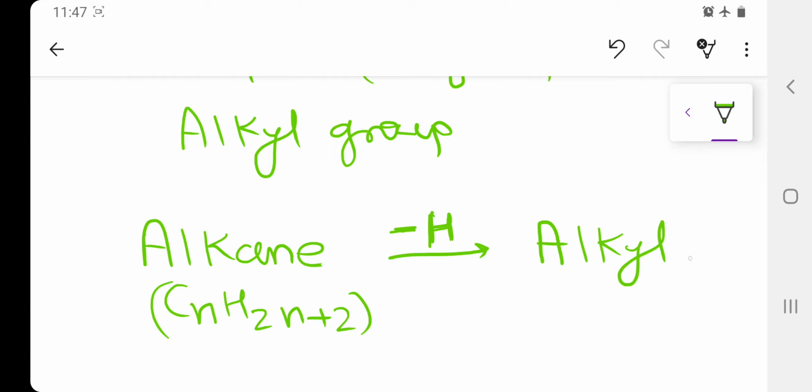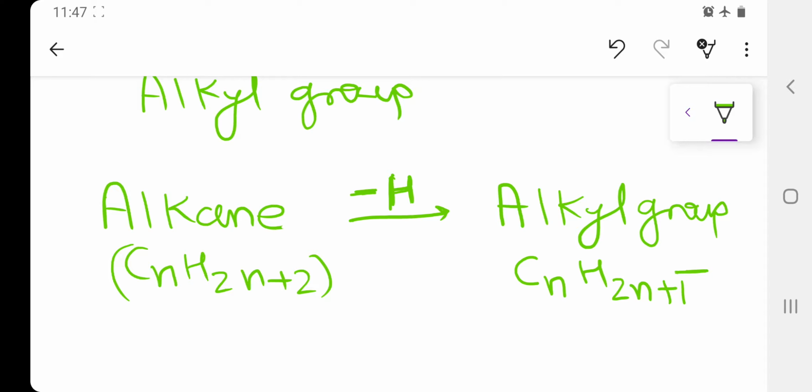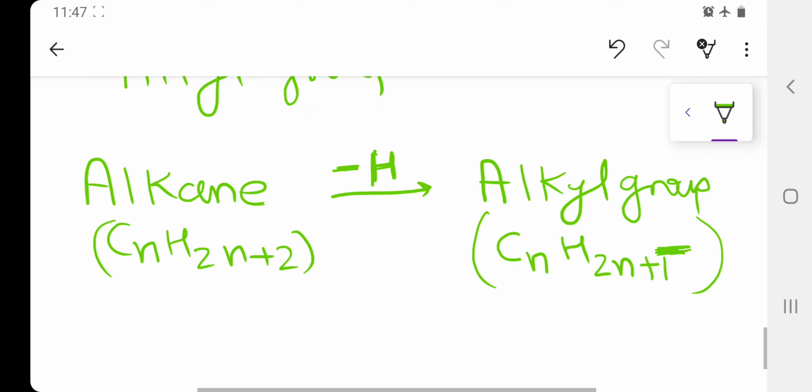So the difference between alkane and alkyl group is removal of one hydrogen. Then the formula will become CnH2n plus 1, and there will be one bond which is empty. That means one bond available for bonding with other entities or other substituents.